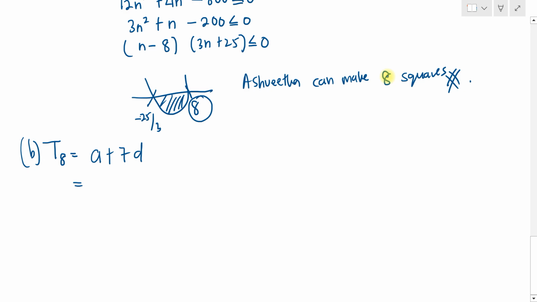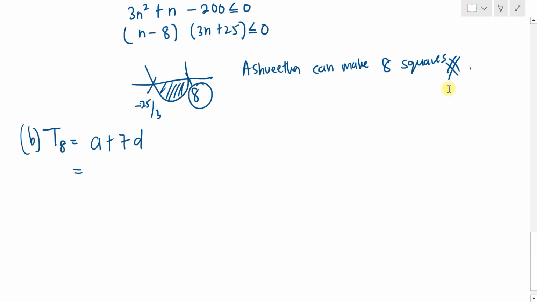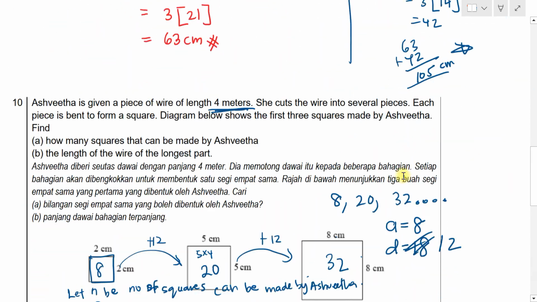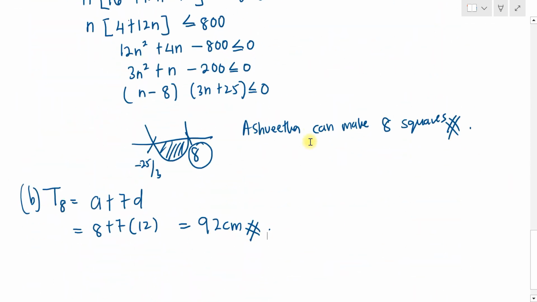Your A is, I forget, A is what? 8, plus 7 times 12. And I'm getting 92 centimeter. No need times 4 because we already times 4 and made the progression.